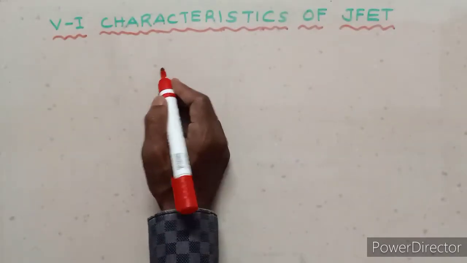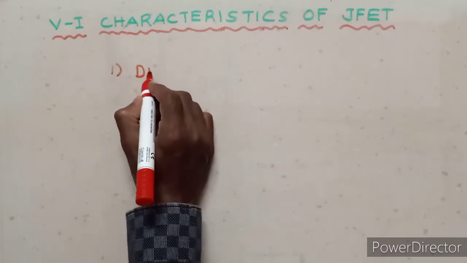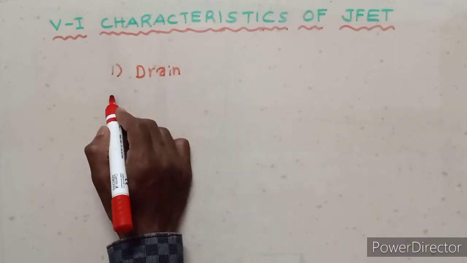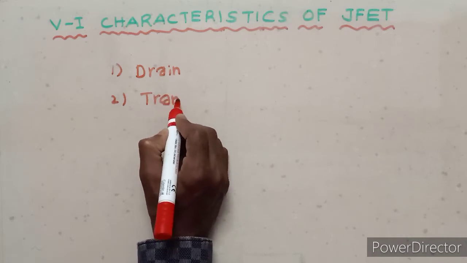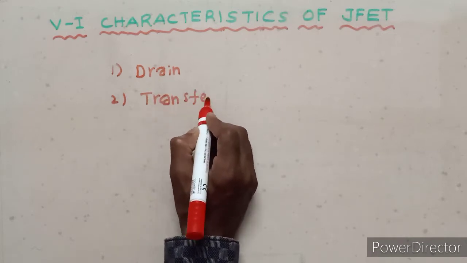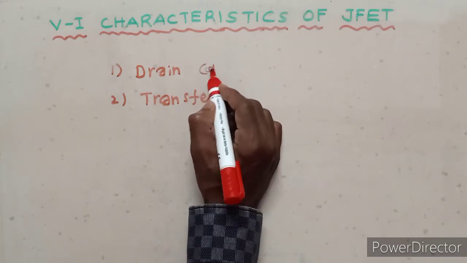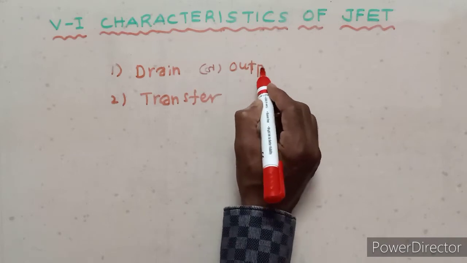There are two types of characteristics of JFET. First one is the drain characteristics. Second one is the transfer characteristics. Drain characteristics are output characteristics.